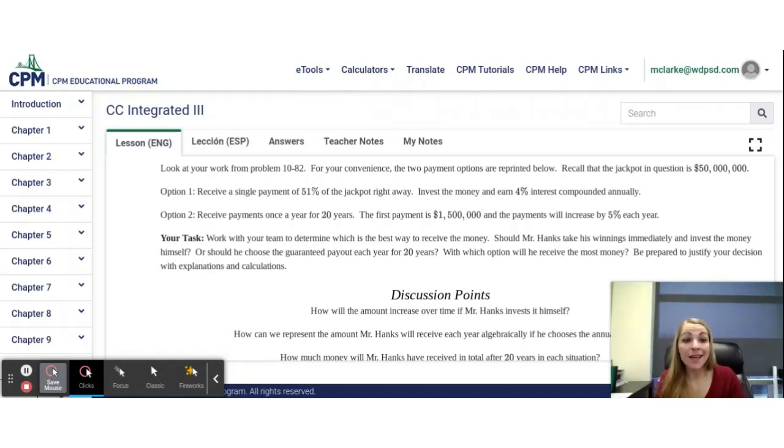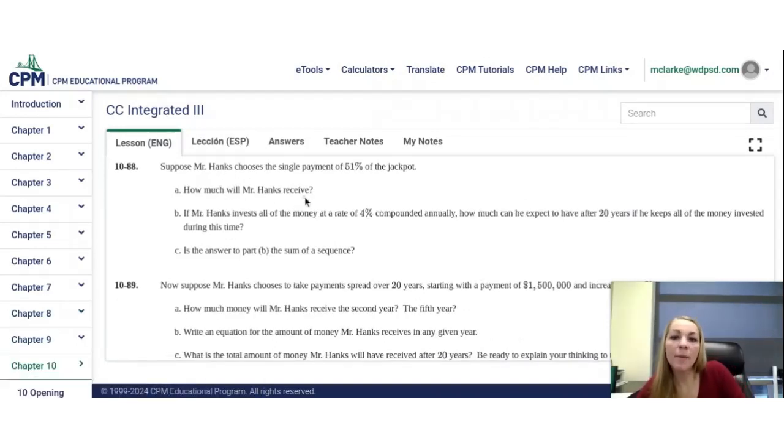Option 1 is just a geometric sequence equation where I'm simply plugging in the 20 for n in my equation. How much total money do I have, because I'm leaving it in there and just letting it compound year after year after year. Okay, so how much money will he receive for this?